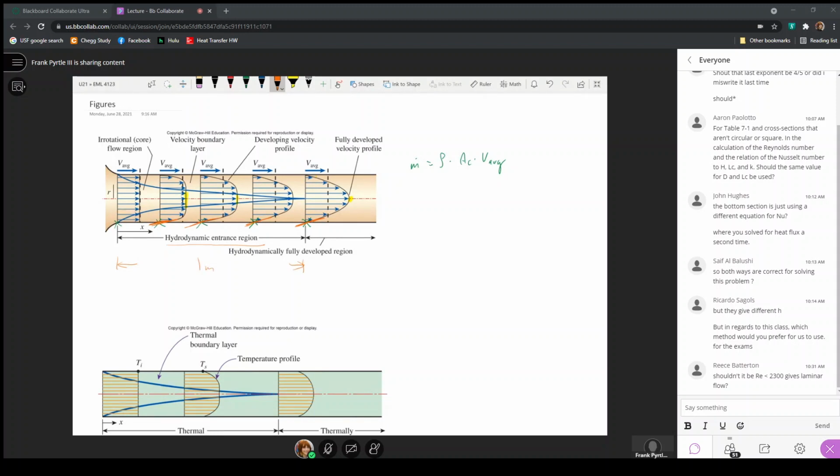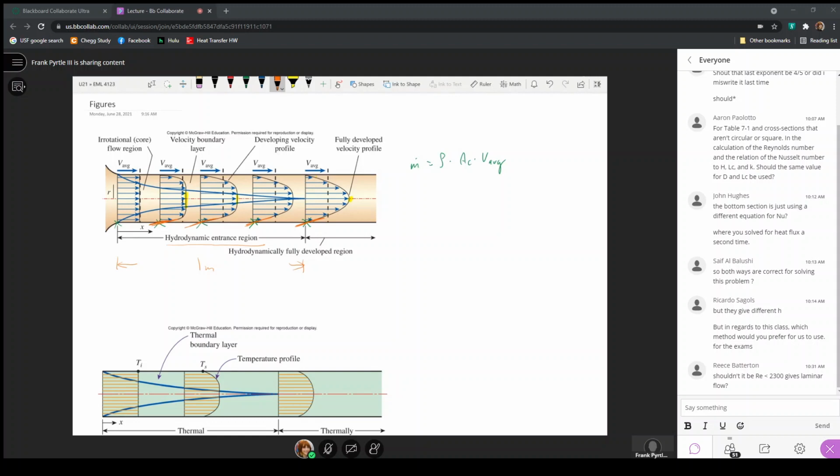That means if I have a pipe that is 1 meter long, then I have to consider that the effects of the hydrodynamic entry region cannot be ignored because the pipe length is exactly the same as the hydrodynamic entry region. If the total pipe length is 2 meters, then the hydrodynamic entry region takes up half of the total length of the pipe.